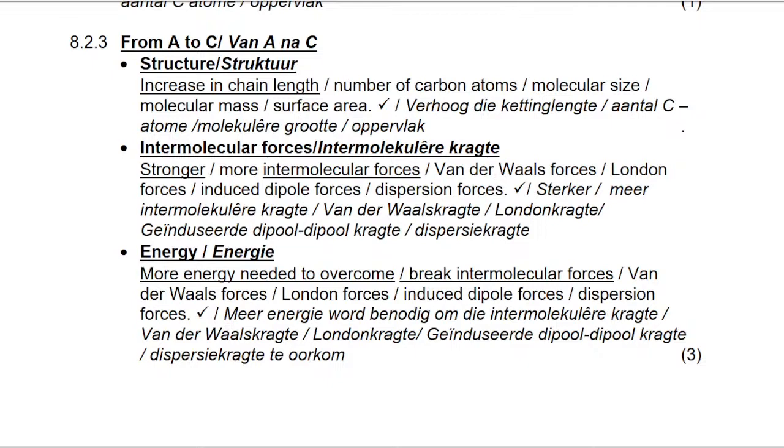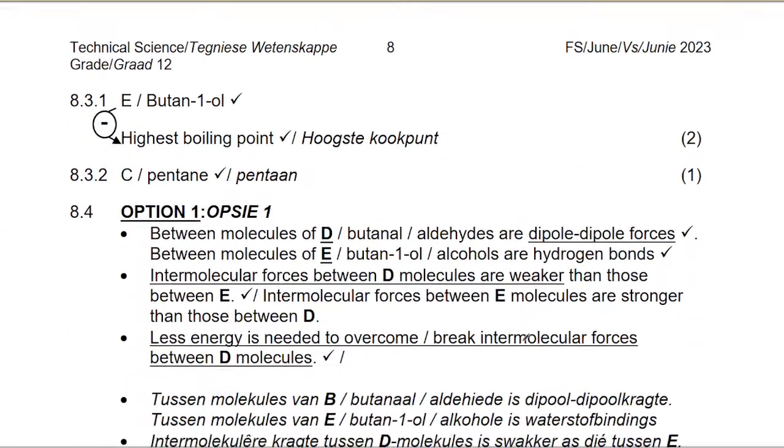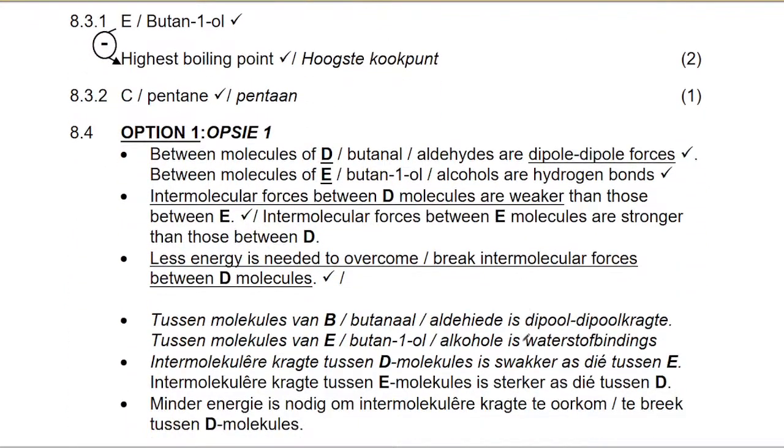When you're looking at C, D, and E, we know that the one with the highest boiling point will have the lowest vapor pressure. So 8.3.1, lowest vapor pressure, it will be E, which is butan-1-ol.